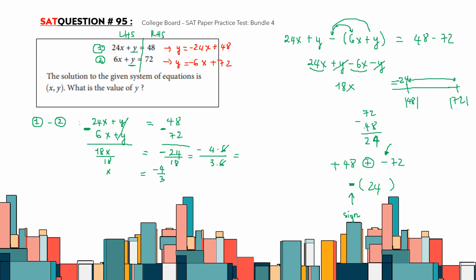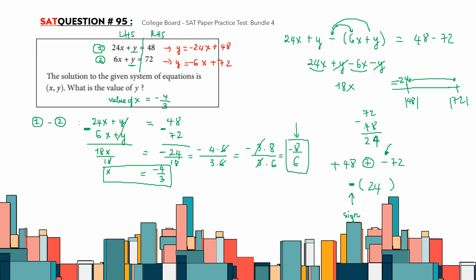Or if we want, we can write it as negative 3 times 8 over 3 times 6, and we cancel, so we have negative 8 over 6. Of course, this one is not simplified. If they're asking for the x value, the value of x should be negative 4 over 3. But in this case, they're asking for the value of y, and I chose to simplify only up to this step.